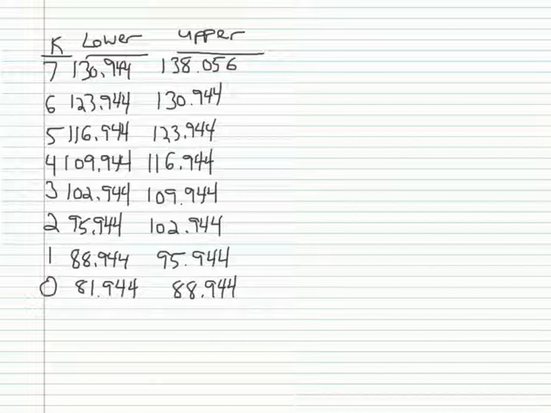But you may be asking yourself, okay, what if I get a value of 88.944? Which interval is that value counted in? Well, we're going to do this in a way that it's upper inclusive. So for instance, I'm going to put a left parenthesis on the left-hand side and a square bracket on the right-hand side. The square bracket means that if I get a value of 88.944, I'm going to include it in the interval where that square bracket appears.